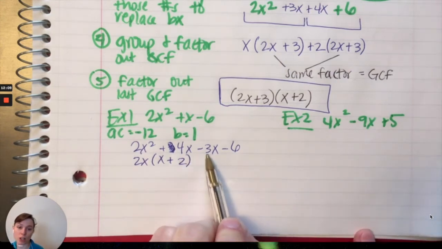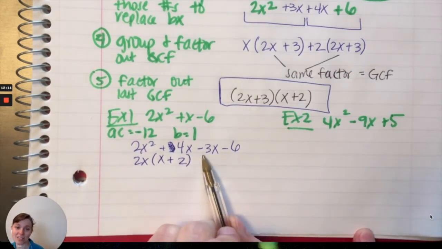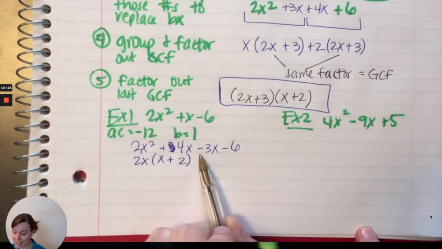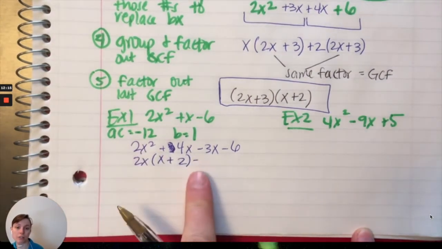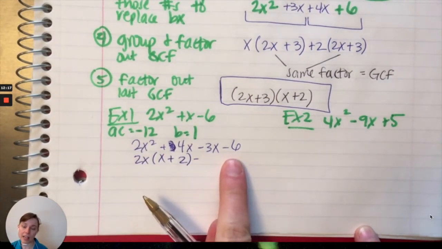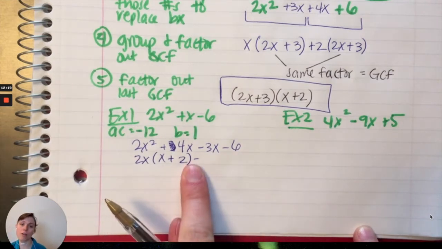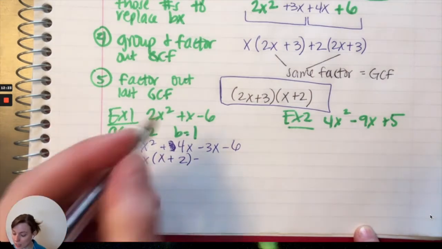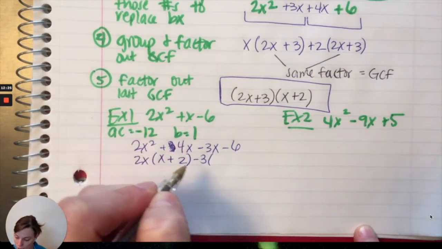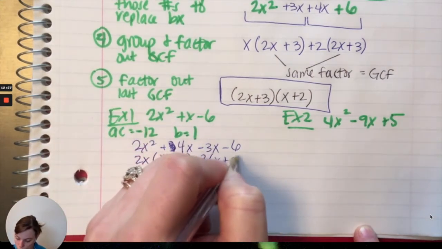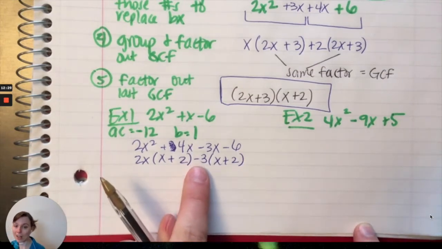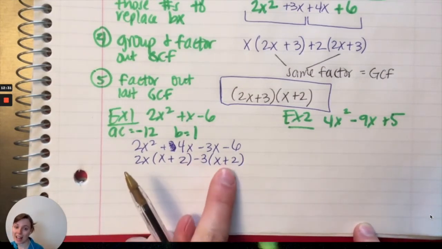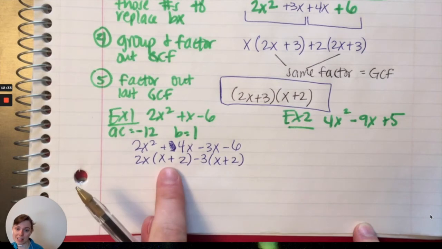And now when you have a group that has a negative in the front, this negative must go on the GCF. It doesn't matter if the 6 is positive or negative. This negative must go in front because that negative was there. All right. Otherwise, this won't work. Because I did that, and they have a 3 in common, I'm going to have an x plus 2. Now, notice if this had been a positive, this would have been a negative, and they would not have been the same quantity.